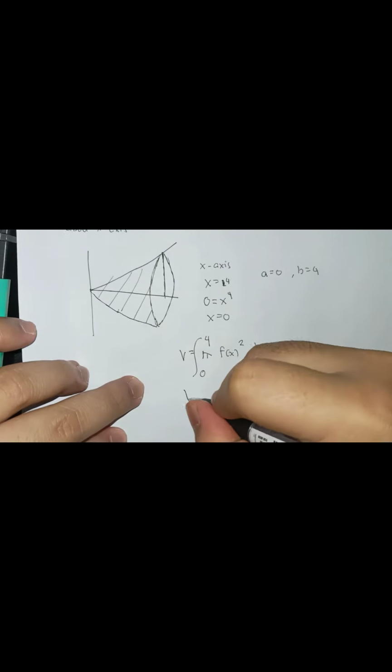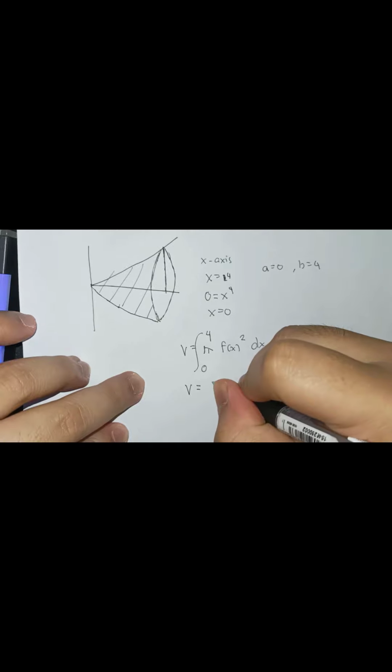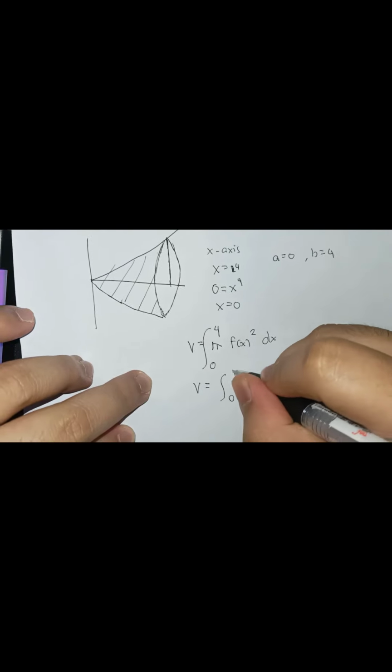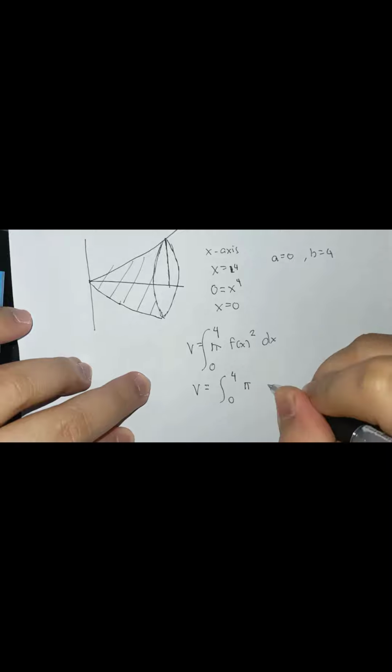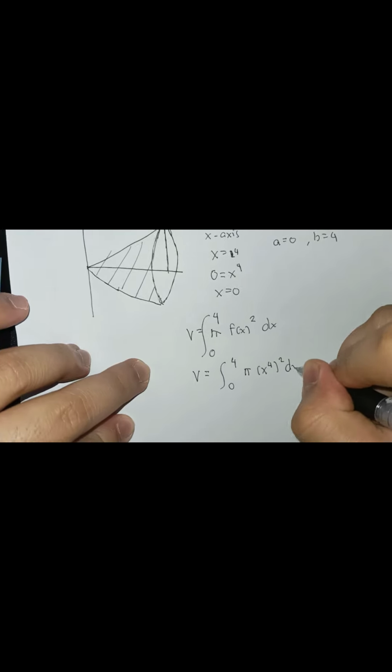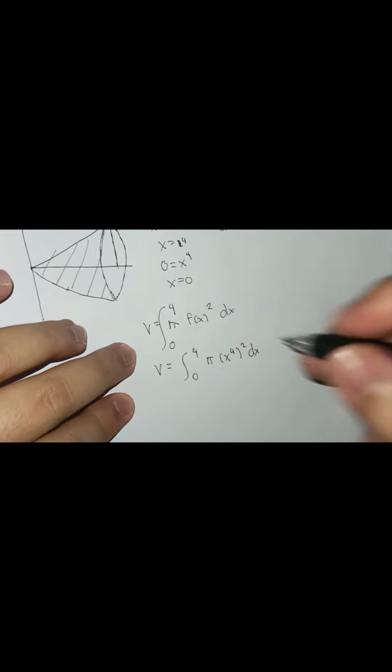And then we just continue this. Volume equals integral from 0 to 4 of pi times x to the 4th power squared dx.